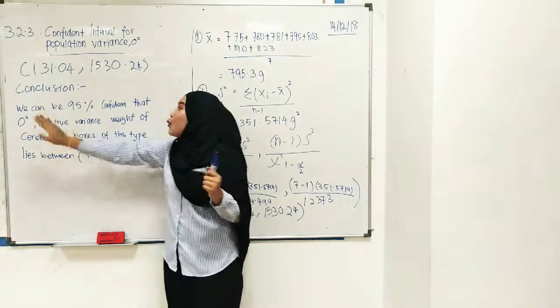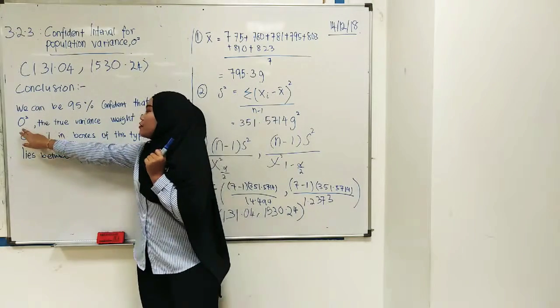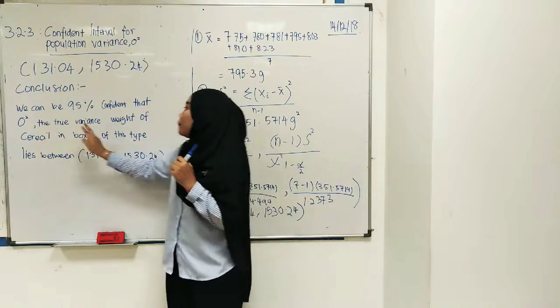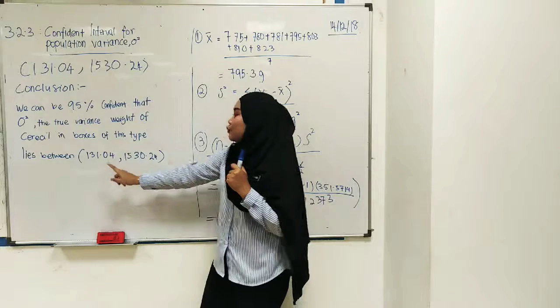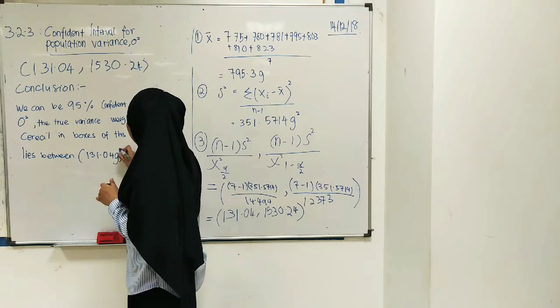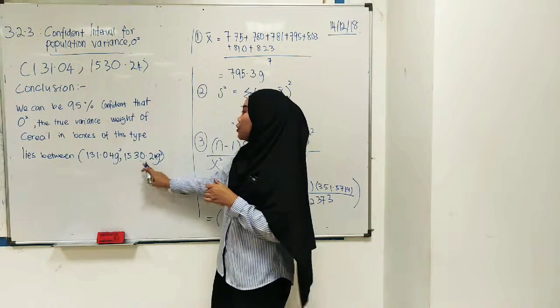As a conclusion, we can be 95% confident that the population variance, or the true variance of the weight of the cereal in boxes of this type, lies between 131.04 grams and 1530.25.